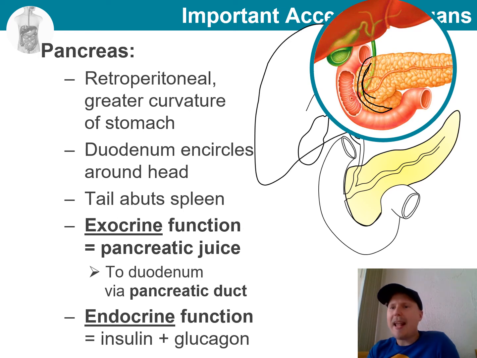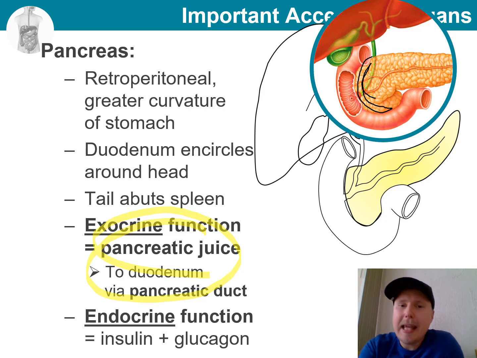The exocrine function, which is what we are interested in for digestion, is the production of pancreatic juice. This is the most complete digestive secretion and gets released to the duodenum via the hepatopancreatic ampulla.